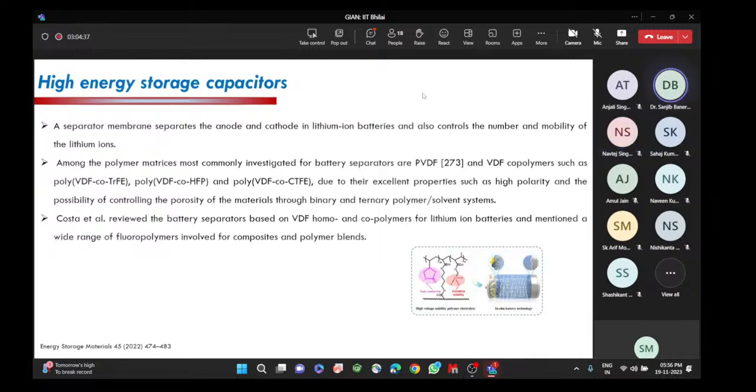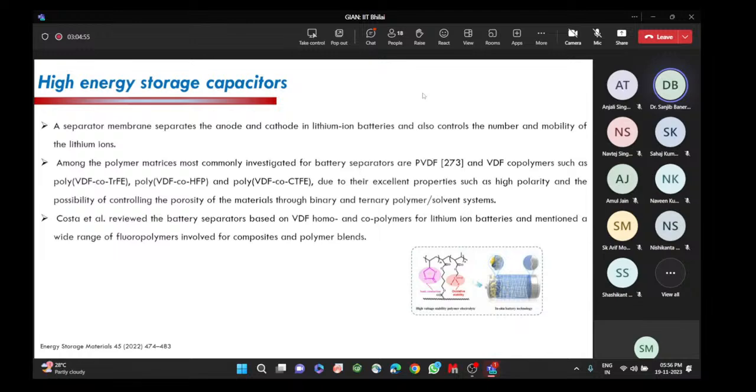Okay, it's fine. So we are talking about high energy storage capacitors. Majorly, broadly, energy storage devices are called batteries. Solar energy and many other energies are stored in batteries, right?